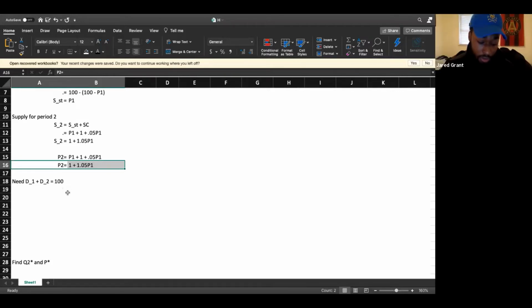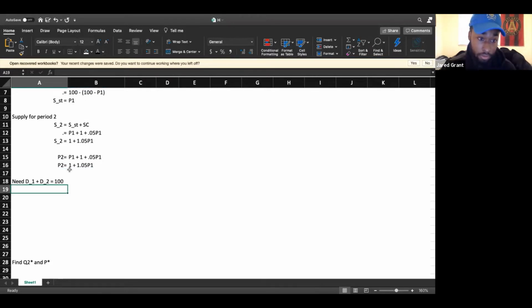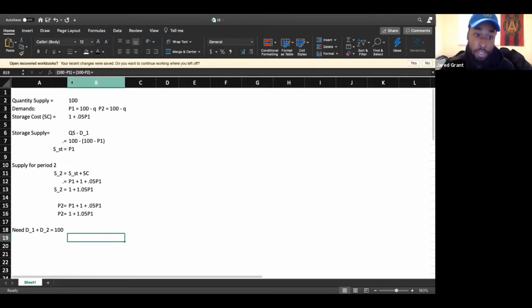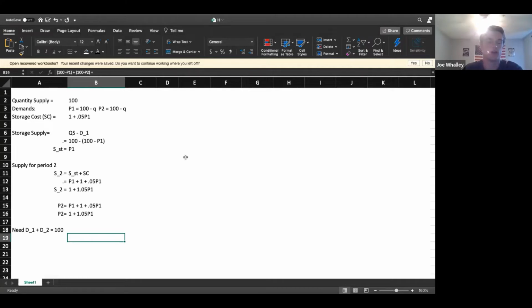Perfect. So given that I know that demand one plus demand two has to equal 100, what would the equation be? Would I just sub in these two, reworked into the Q first, or how would I do it? You could rework the demands so they're both equal to Q and then substitute them in. Okay, so what would that be per se?